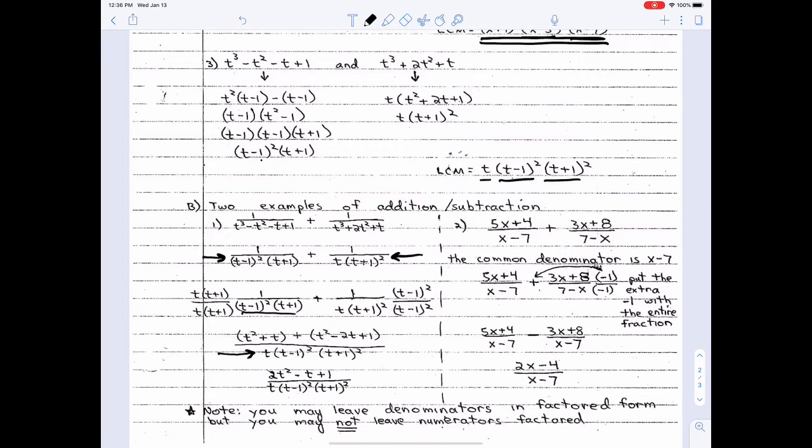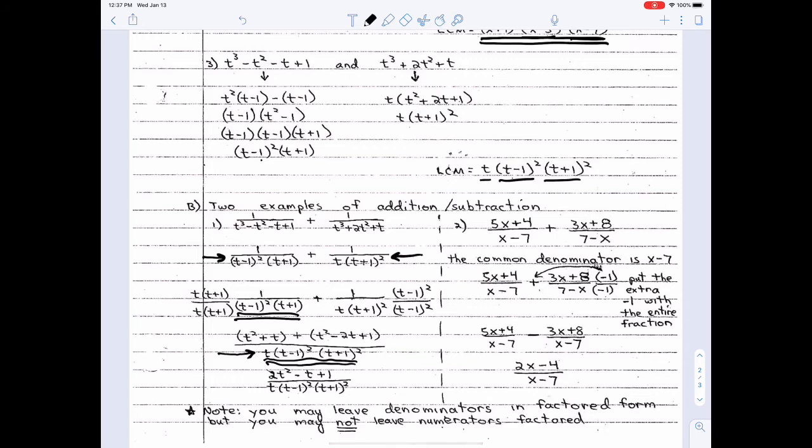Look at this denominator. What is in the common denominator that you don't see in this denominator? What is not here that you see in the common denominator?